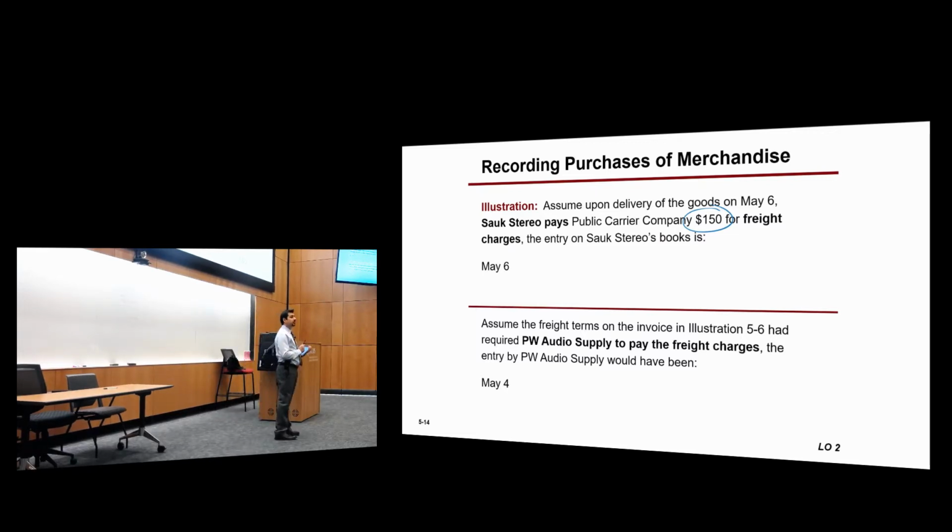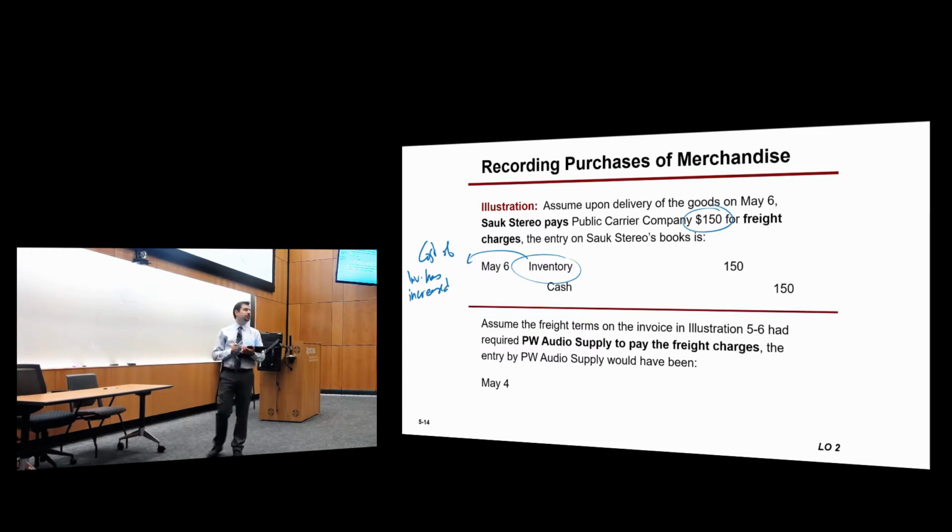What do you debit? Inventory, because the value of your inventory has increased. So the cost of inventory has increased, okay?